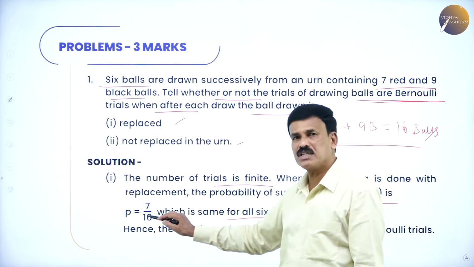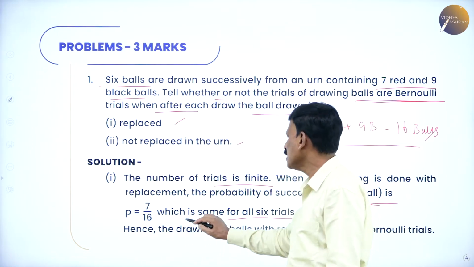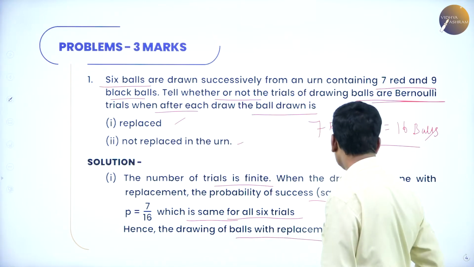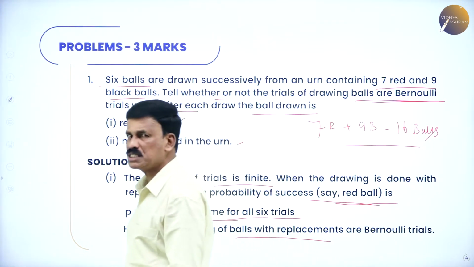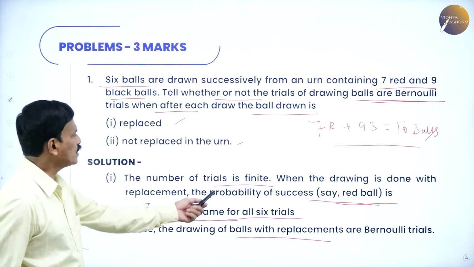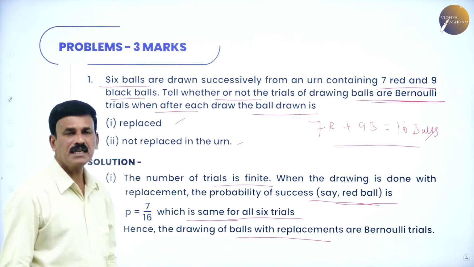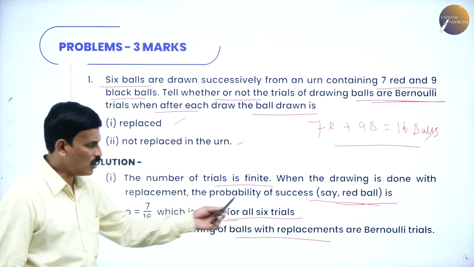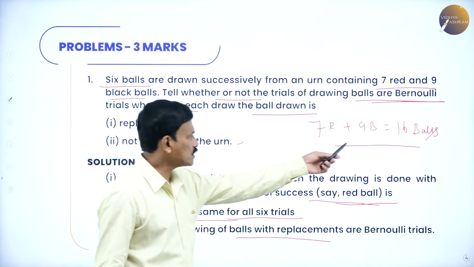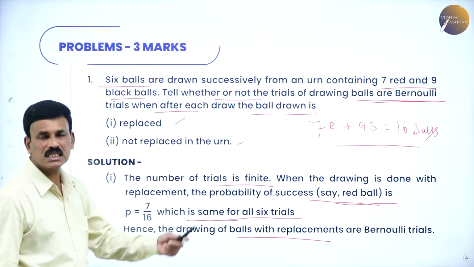The probability of getting a red ball is P = 7 red balls out of 16, 7/16, which is the same for all the 6 trials.